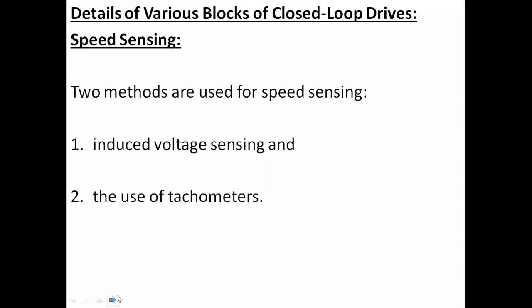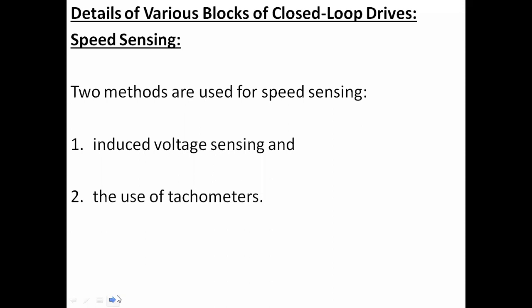For large diameter tachometers, there will be a large number of commutator segments, and sometimes they are built this way to overcome this problem. Tachometers are available to measure speed with an accuracy of plus or minus 0.1%. So if you compare the two, induced voltage sensing has an accuracy of plus or minus 2%, but the tachometer has plus or minus 0.1%.